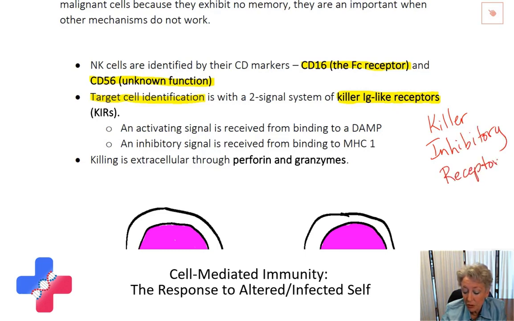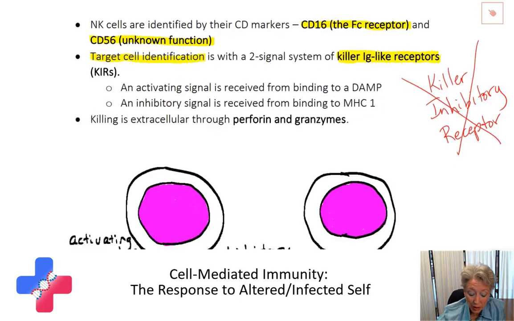We are going to use the correct syntax because both of the KIRs are not inhibitory. Indeed, one of them delivers an activating signal, and one of them delivers an inhibitory signal. So it's really not that one is a KAR and activates, and one is a KIR and inhibits. They are both KIRs, but one activates and one inhibits.